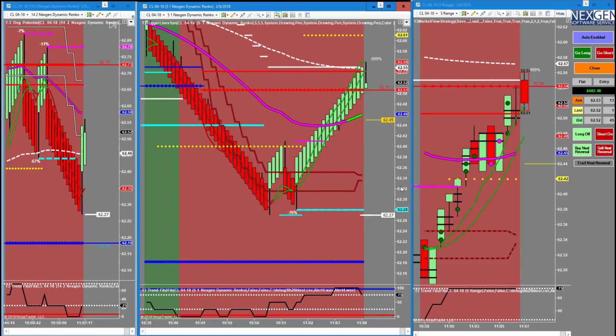It just doesn't get any better than this. This is one of those situations where we're expecting to get down to the 14.2 support.